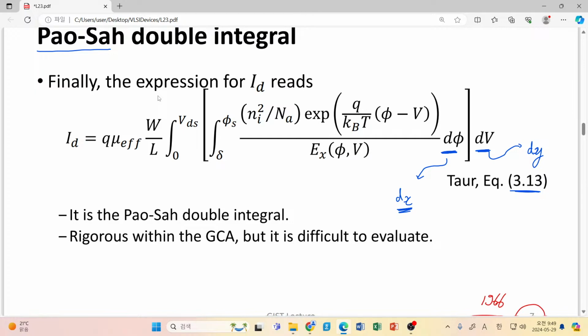You know that we have a one-to-one dependence between x and phi, and also a one-to-one dependence between y and v, the electron quasi-Fermi potential. So this is nothing but a disguised form of our two-dimensional integration, just by introducing a change of variables.